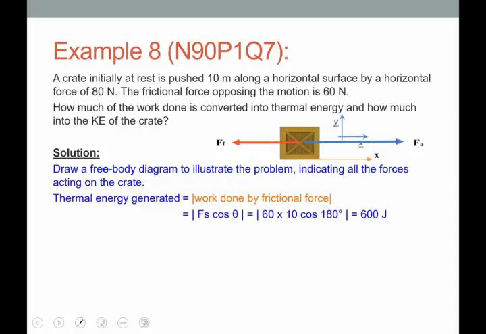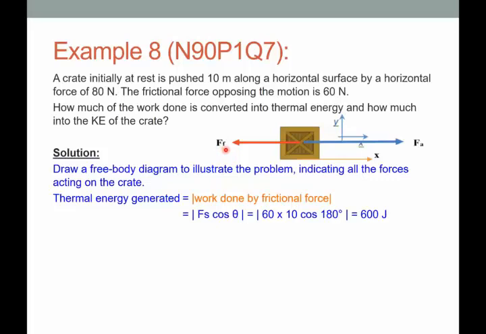If you draw a free body diagram to illustrate the problem, forces indicated on the crate will include the external force exerted on the crate, which is 80 newtons, or we call it F subscript A here, and the frictional force opposing the motion, F subscript F, 60 newtons.